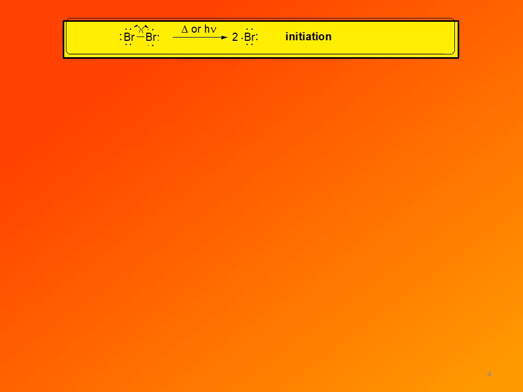Among the species that are present, the weakest bond is broken. In this case, that's the bromine-bromine bond. So under the influence of heat or light, the bromine-bromine bond is broken to give bromine atoms or bromine radicals.